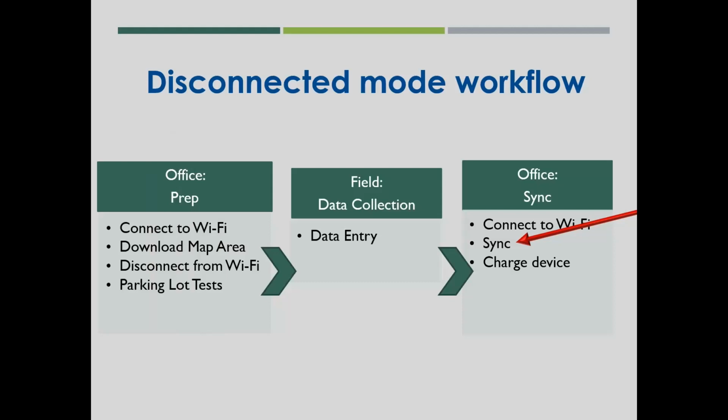So due for service or due for an activity. And that synchronization that you perform on your downloaded map area both pulls in that data and pushes out, or up to the portal, your entries. So that's a two-way synchronization.